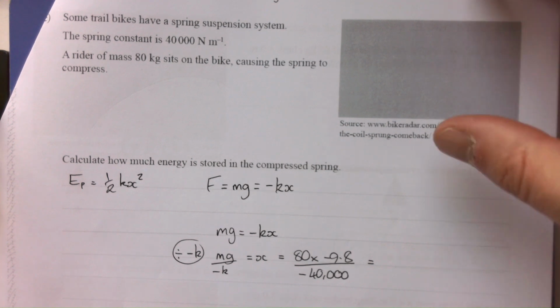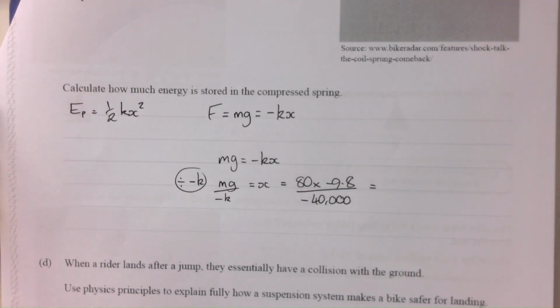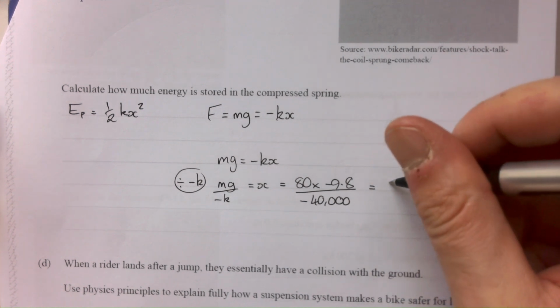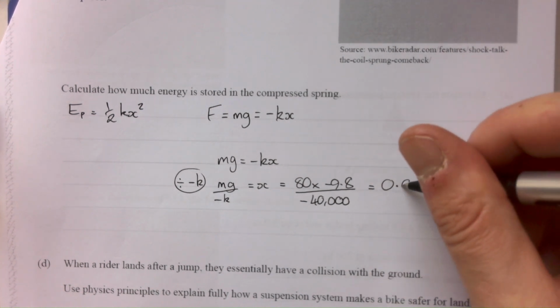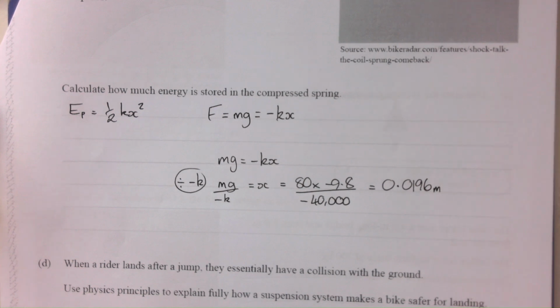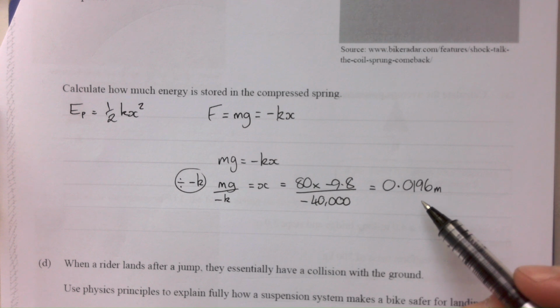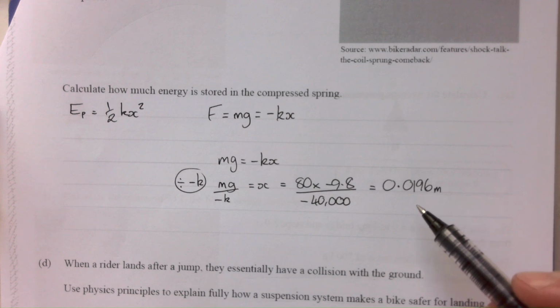You work out your answer to that in your calculator over 40,000. So we have an extension of 0.0196 meters. Okay? Or 1.96 centimeters, 196 millimeters.